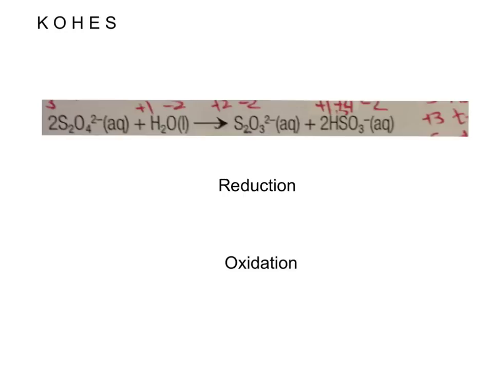Okay, so let's start with the first species in the reactant side. So we see oxygen there, and we know that it's not a peroxide. And oxygen that's not in a peroxide form has an oxidation number of -2. Okay, so we've got 4 oxygens with oxidation number -2, and the overall species has got to have a charge of -2.